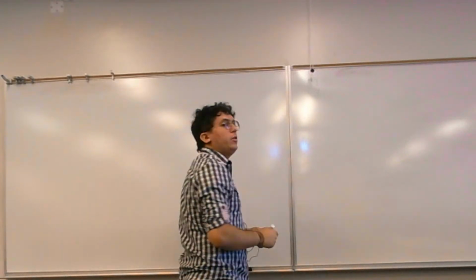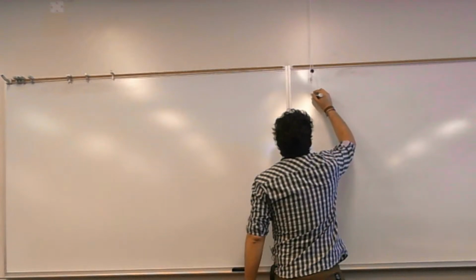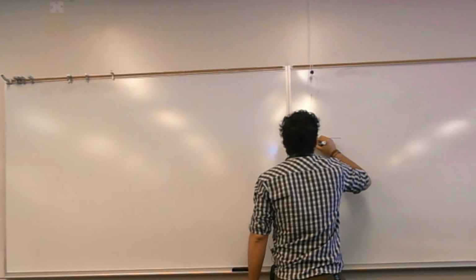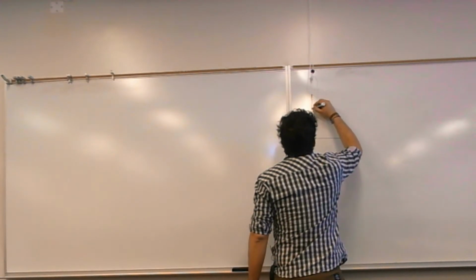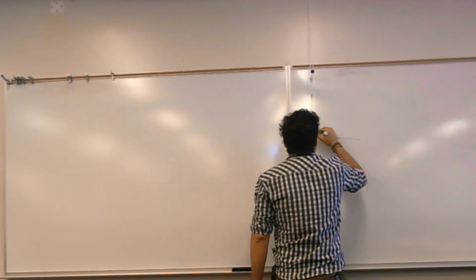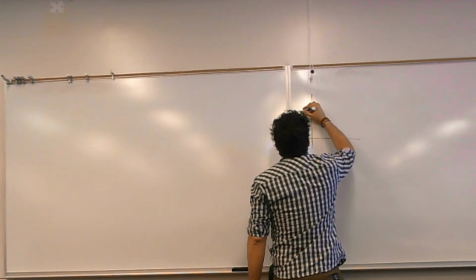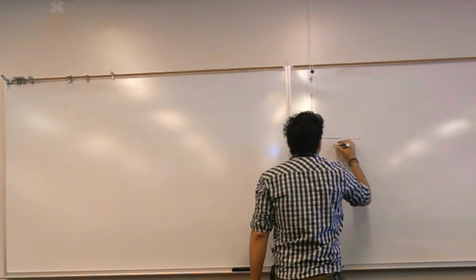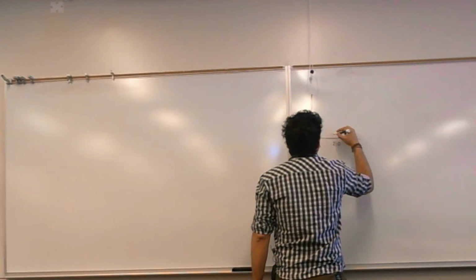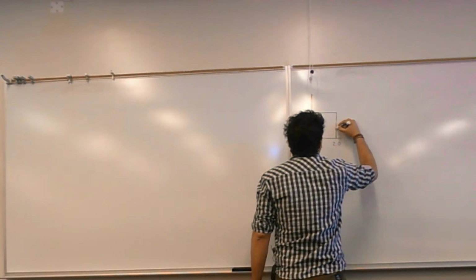Okay, so why do we need to scale when we rotate? Let's say we have a square that we want to rotate along these axes, right? And the square is from, let's say, 0, comma 2 to 2, comma 0, and the axes end up being along this point, right?